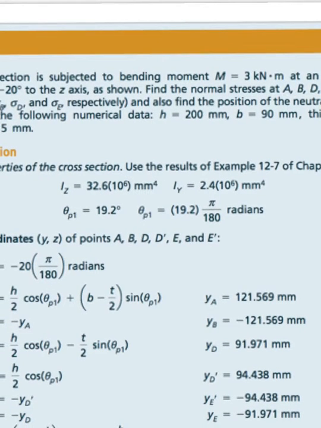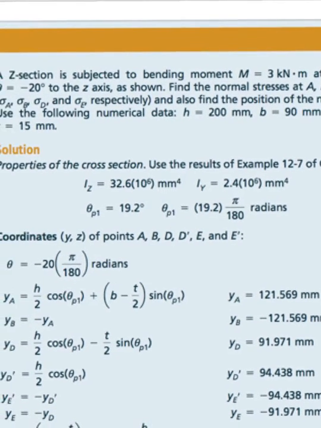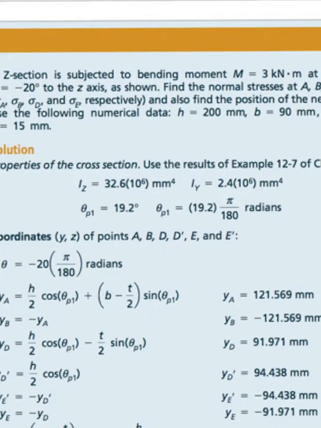A Z section is subjected to a bending moment of 3 kilonewton meters at an angle of theta equals negative 20 degrees to the z-axis as shown.